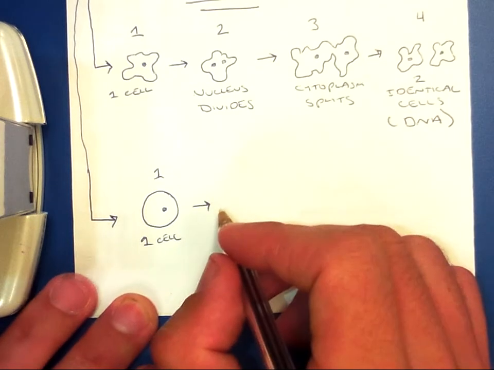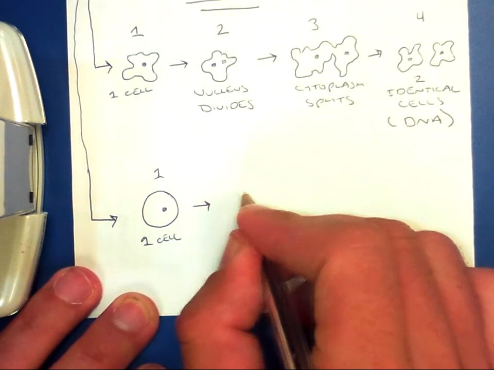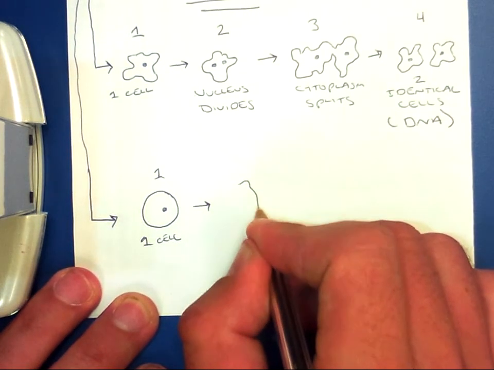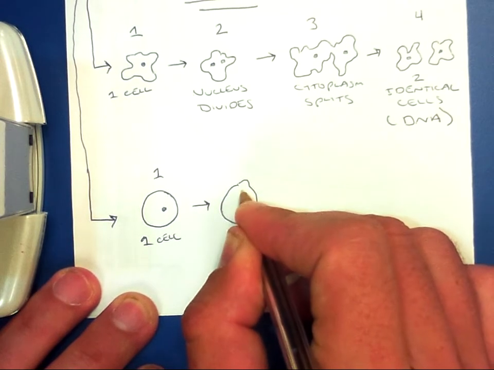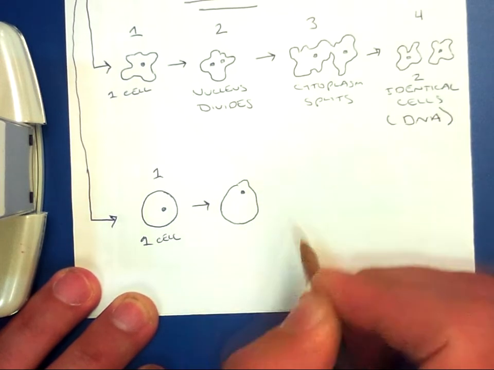Step 2 is you're going to have a bulge start to form in the side of the cell, and the nucleus is going to start to move towards it.